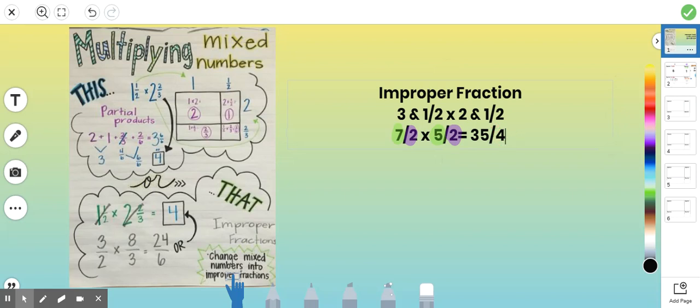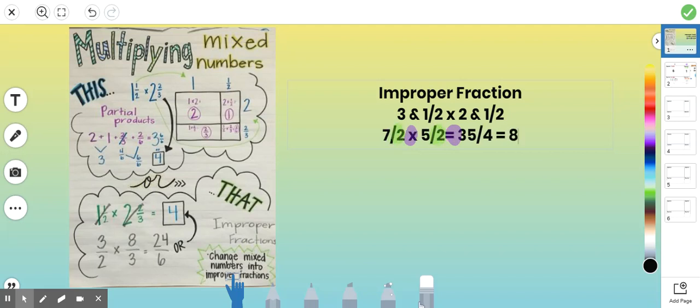But let's see, I know that, let's see, 4 times 8 is, let's see, 34. 4 times 9 is 36. So 4 times 8 is 32.